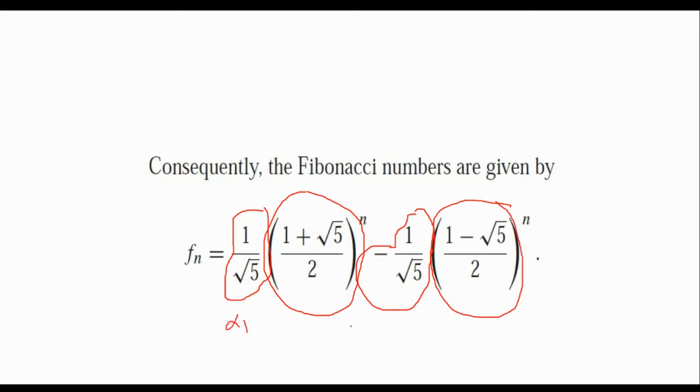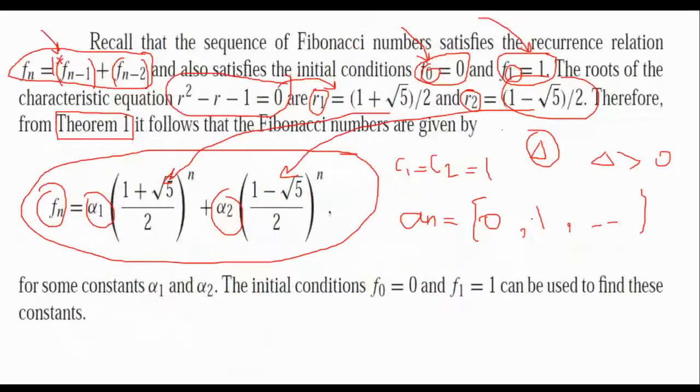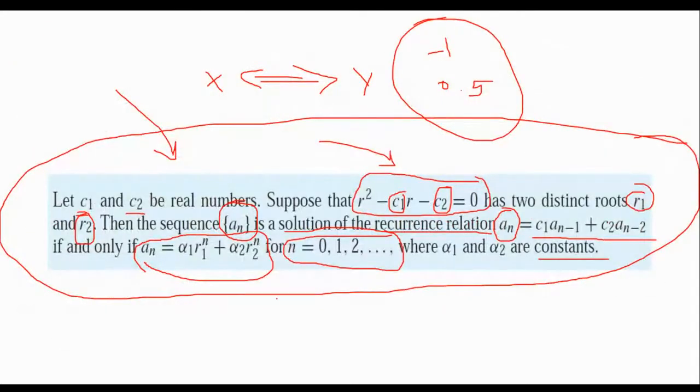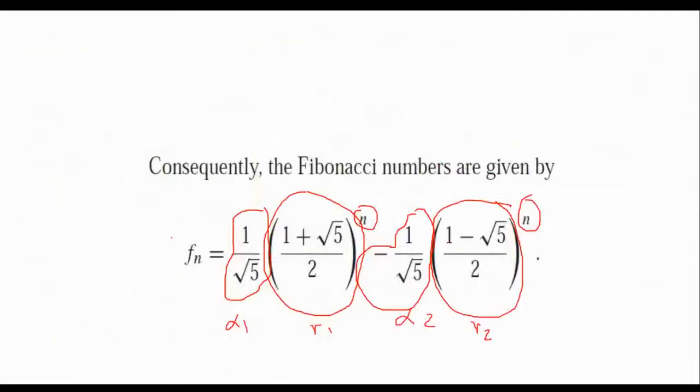So I can say this one alpha 1, alpha 2, R1, R2, and R1 and R2 are powered by n. You can keep checking it with the formula here, which is provided, okay? So at the end, provide the solution of such relations here, like this, not the elements of them.